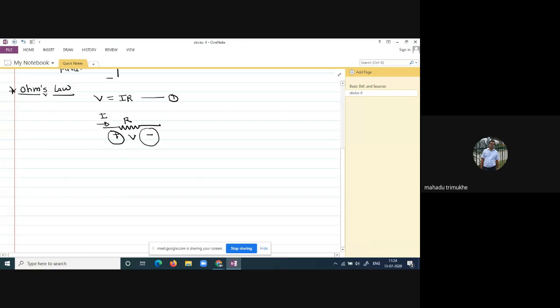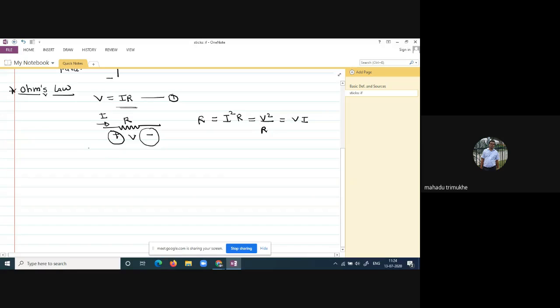Means the left-hand terminal of R is at higher potential than the right, and the potential difference is nothing but V. So we can also calculate the power dissipation in a particular resistor. The power dissipation of a resistor is P equal to what? I square R. Or we can consider V square divided by R, which is nothing but V by R times V.